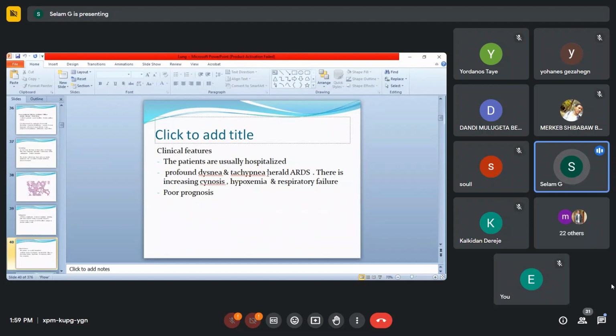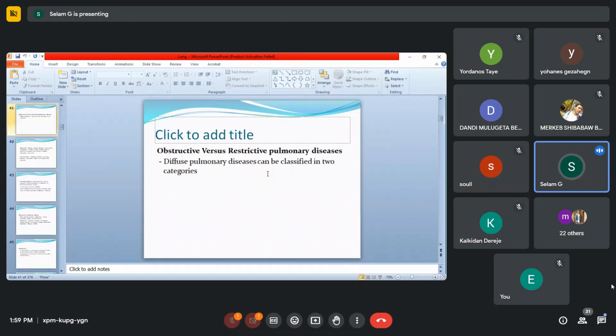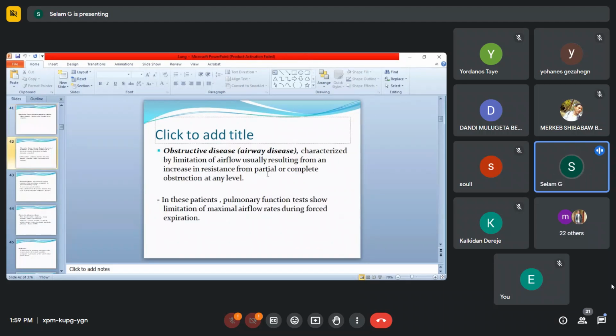The other important disease categories you encounter in your clinical practice are obstructive and restrictive pulmonary disease. So these pulmonary airway diseases can be classified into obstructive diseases and restrictive diseases.